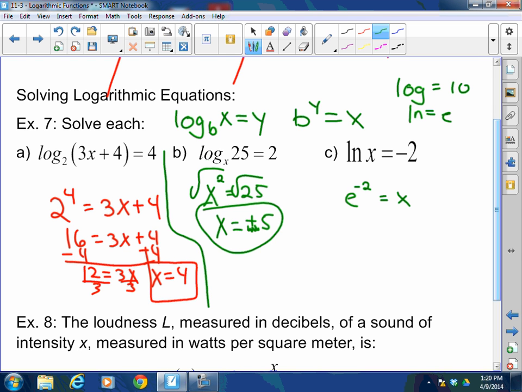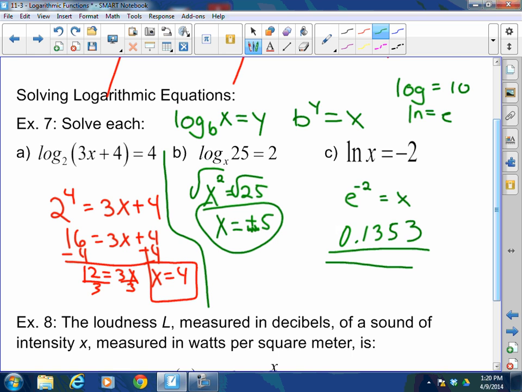My e is above the ln. It will always be above the ln for you guys. So e to the negative 2 equals 0.1353. Please let me know if you got that. It's really important. Does that make sense?